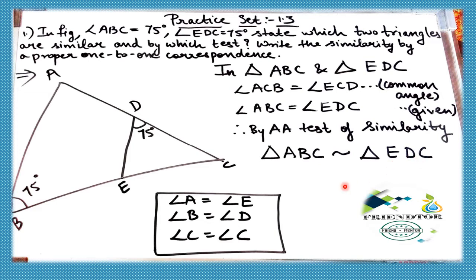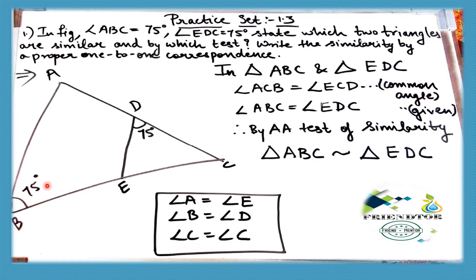Now how will you make up the correspondence, or how to write the similarity so that there is a proper one-to-one correspondence between the triangles? For that you just cross-check. When I write ABC and EDC, I mean to say A is equal to E, B is equal to D and C is equal to C. Is that so in this problem?